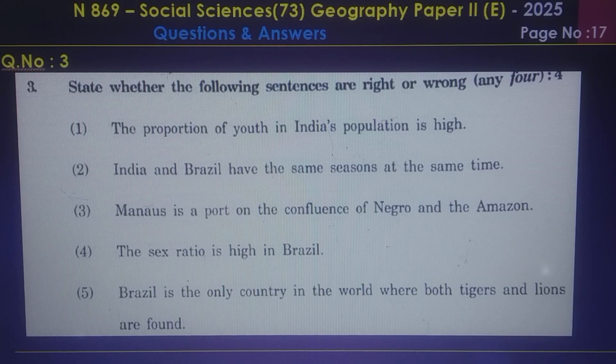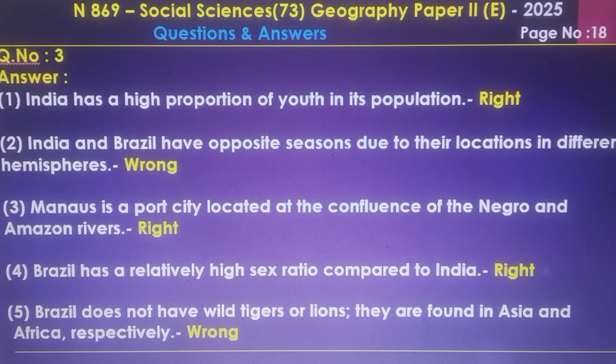And question number 3, state whether the following sentences are right or wrong. India has a high proportion of youth in its population. Right, that is right. The second one: India and Brazil have opposite seasons due to their locations in different hemispheres. Wrong.